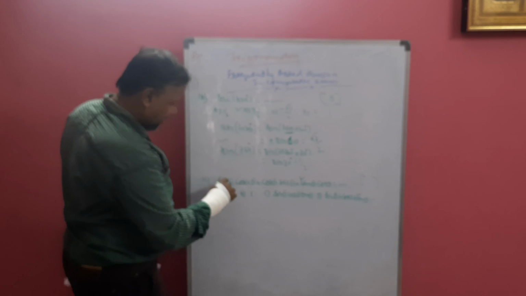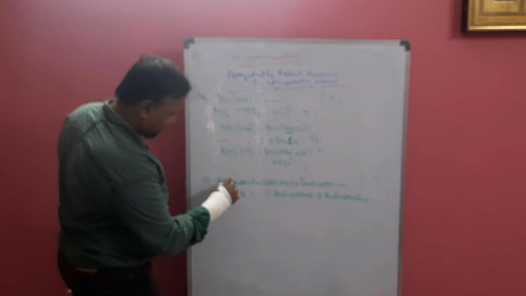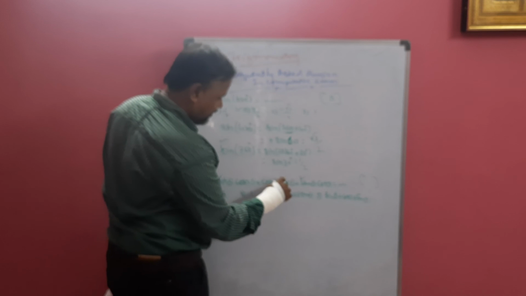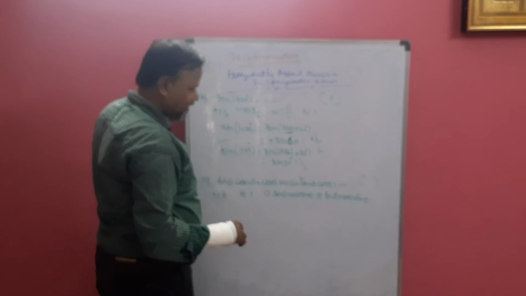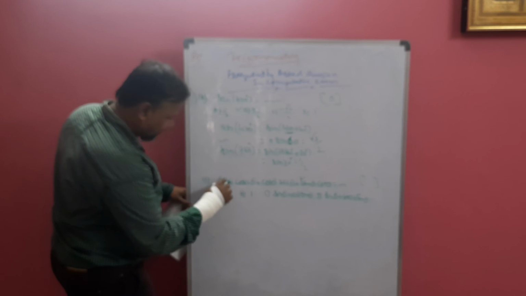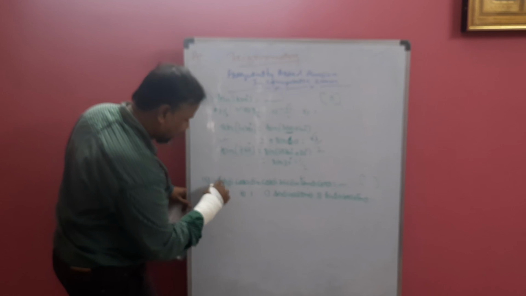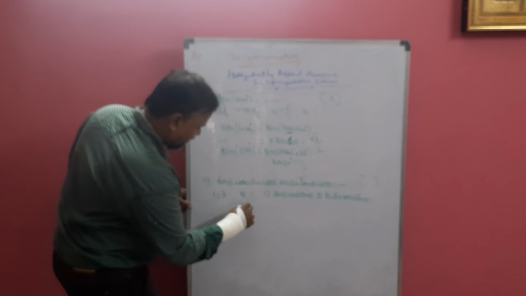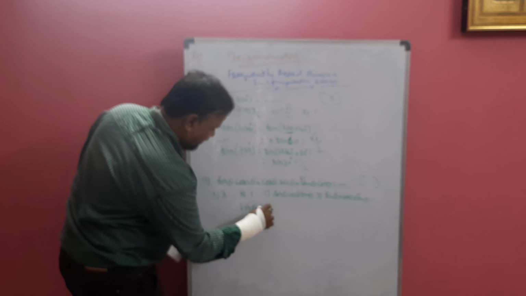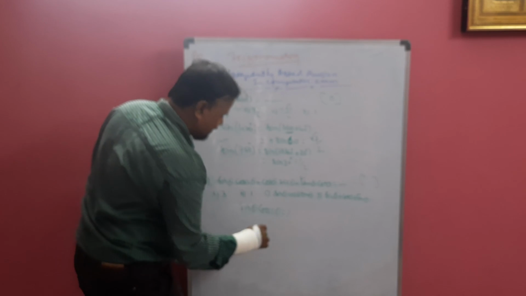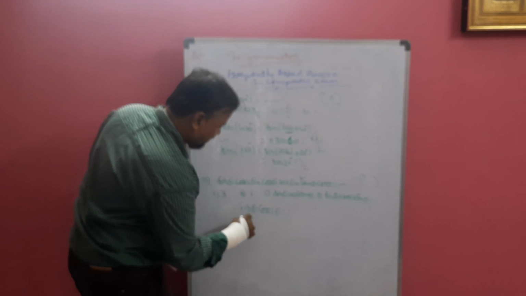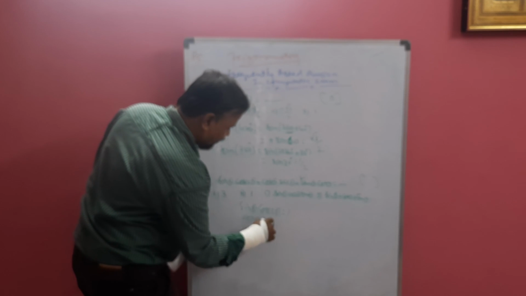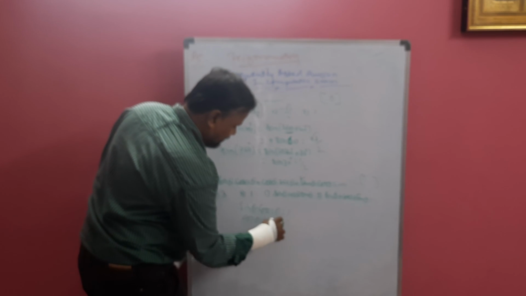Now the 15th question: sin theta into cosec theta plus cos theta into sec theta plus tan theta into cot theta equal to dash. You know that sin and cosec are reciprocals. It is an identity. Sin theta and cosec theta is always 1. Cos theta and sec theta again is a reciprocal identity, 1.